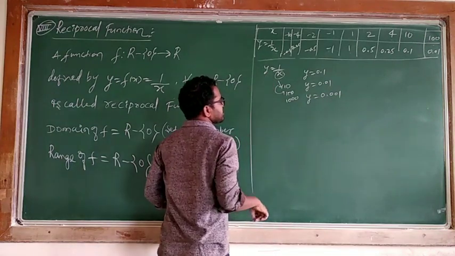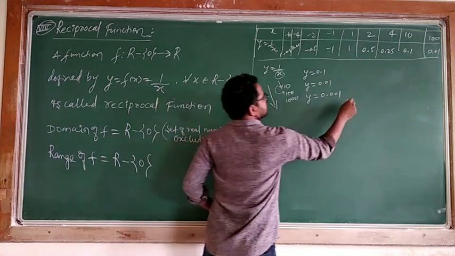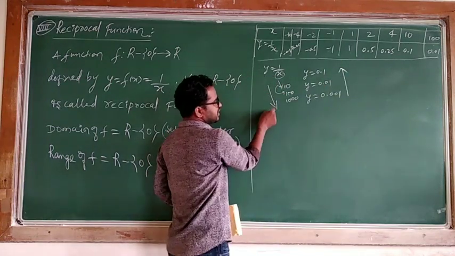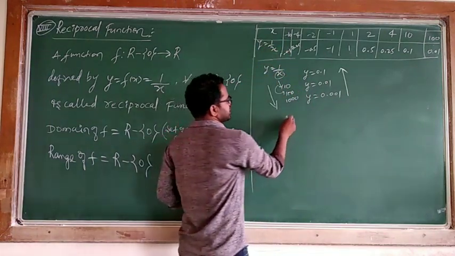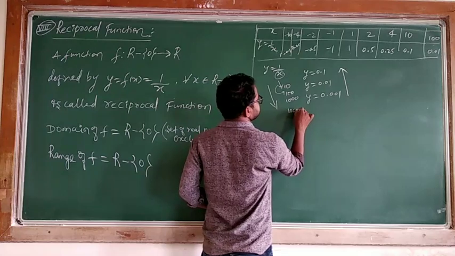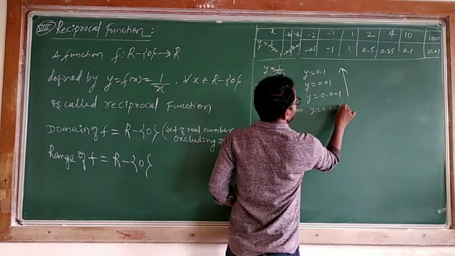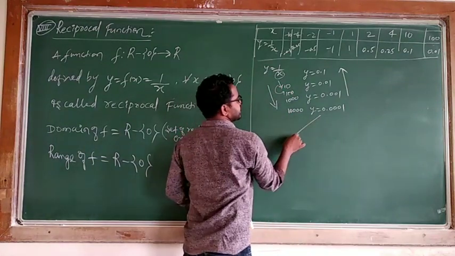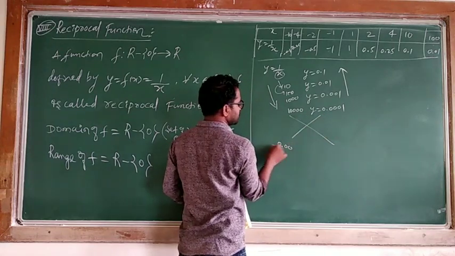What is happening? When I take x value bigger, y is decreasing, getting nearer to 0. When I take bigger values, the y value becomes smaller. If I take 10,000, I will get y value 0.0001.